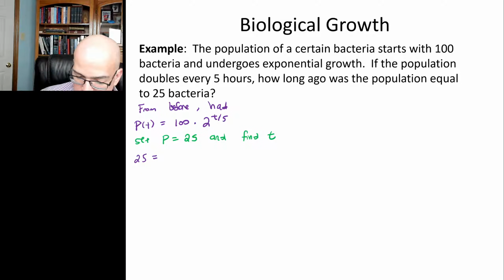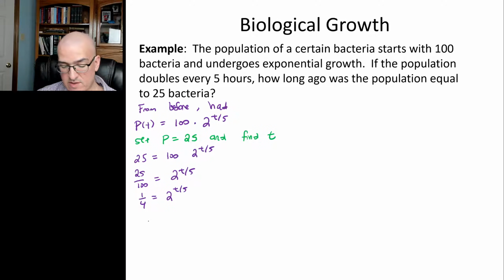25 is equal to 100 times 2 to the t over 5. Let's divide both sides by 100. So 25 over 100 is equal to 2 to the t over 5. That's 1 over 4 is equal to 2 to the t over 5. We can write 1 over 4 as 1 over 2 squared.